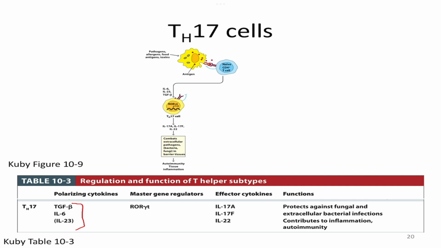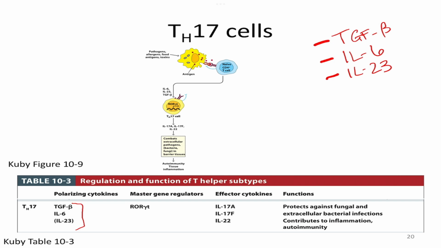So for a Th17 cell, you have to have TGF beta, but you also have to have another cytokine, most famously IL-6, though of course this figure in your textbook also lists IL-23. So if you were listing for me Th17 cytokines, you have to have TGF beta plus one other cytokine, like IL-6 or IL-23. You can't just have TGF beta. Hopefully you'll see why as we talk about some things later.